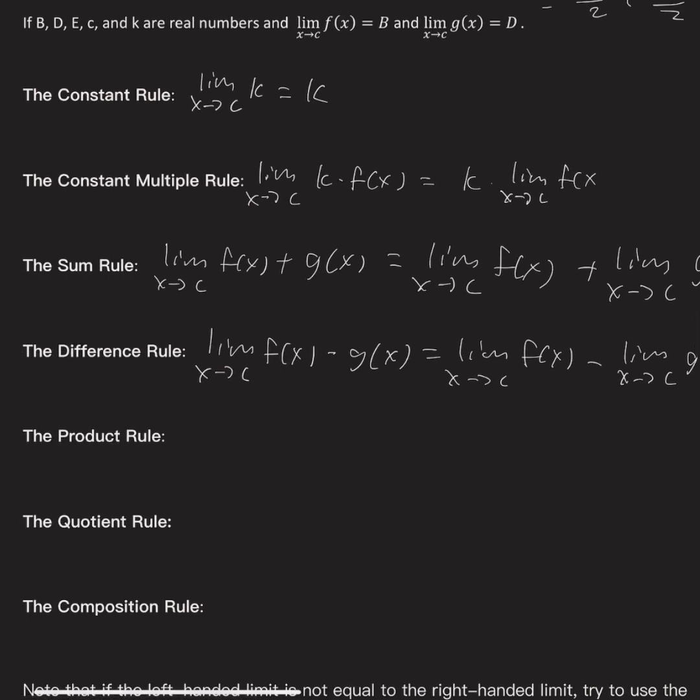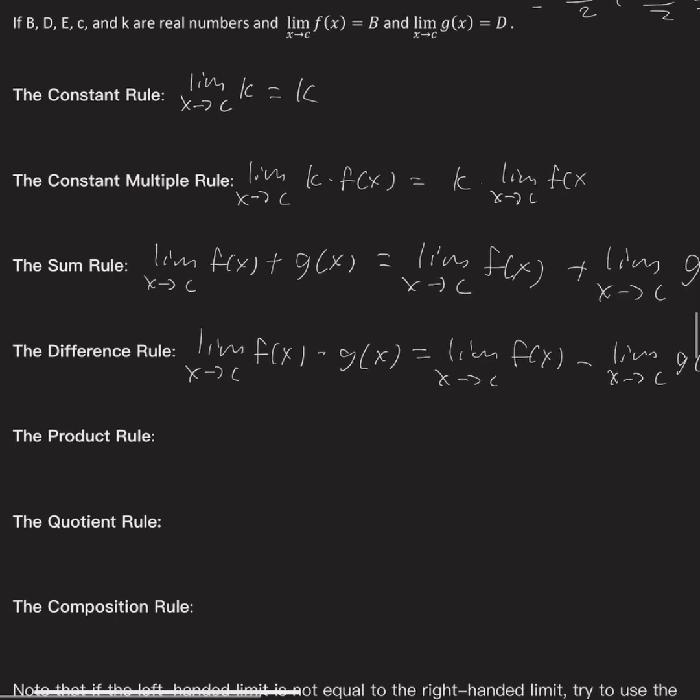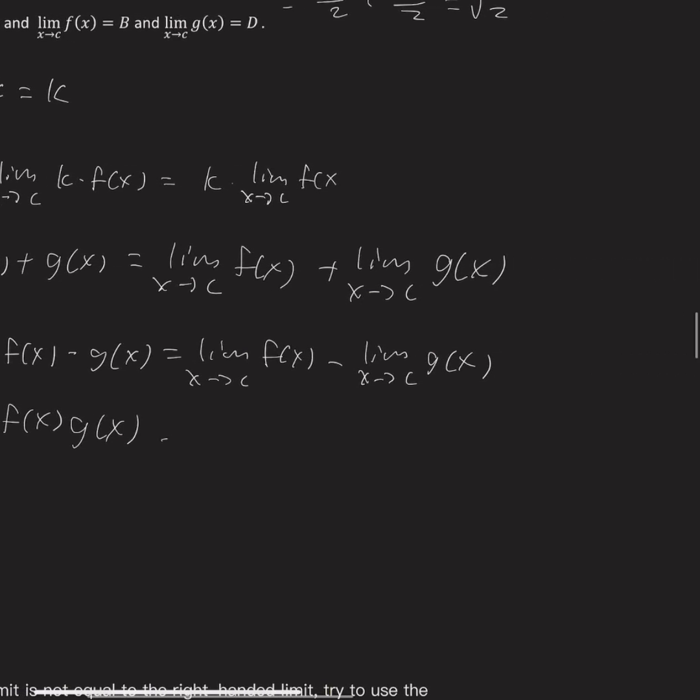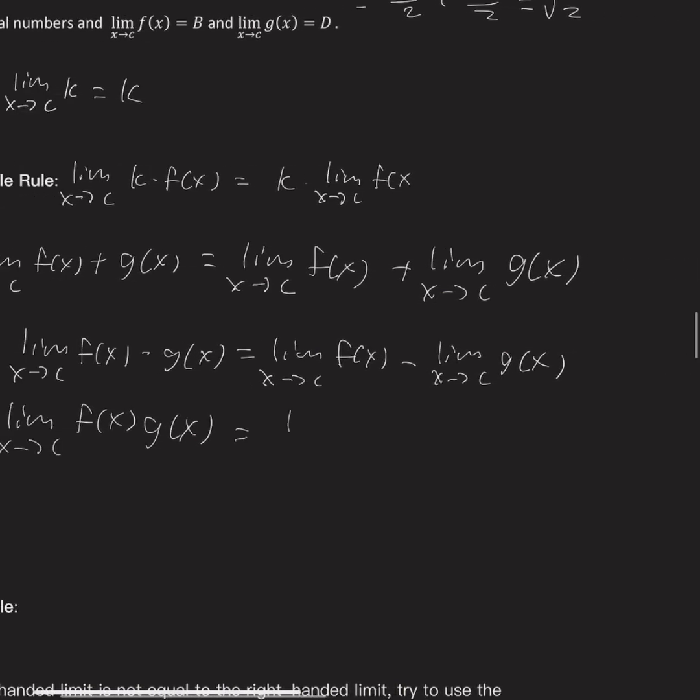The product rule. The limit as x approaches c of f of x times g of x is equal to the limit as x approaches c of f of x times the limit as x approaches c of g of x.